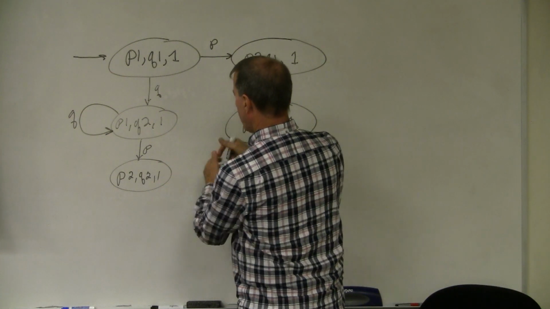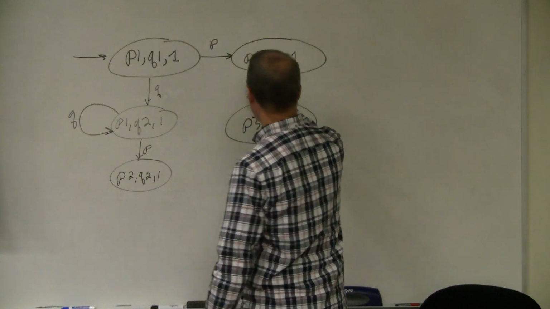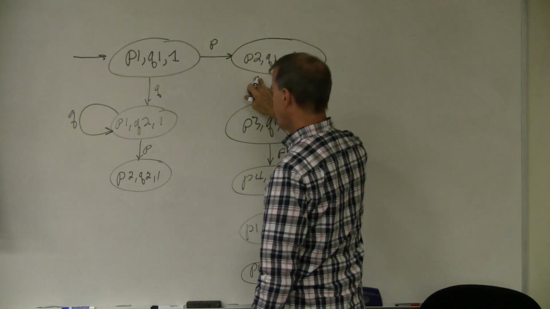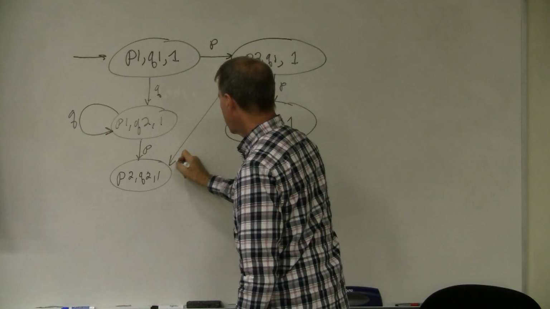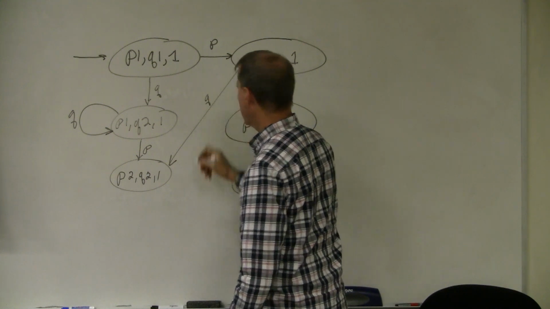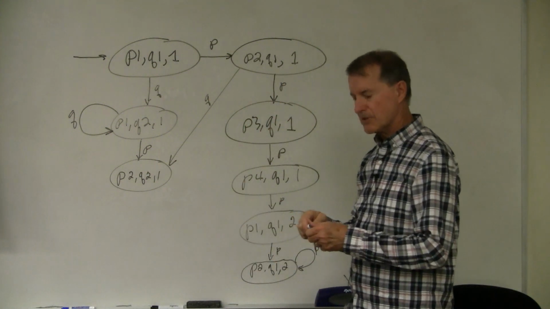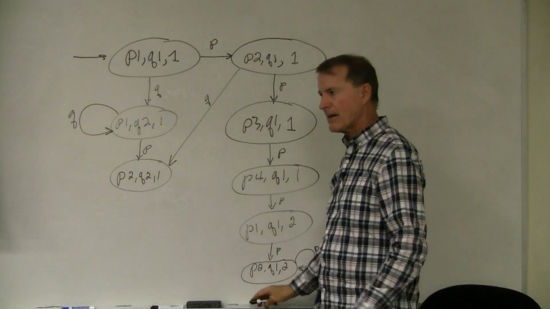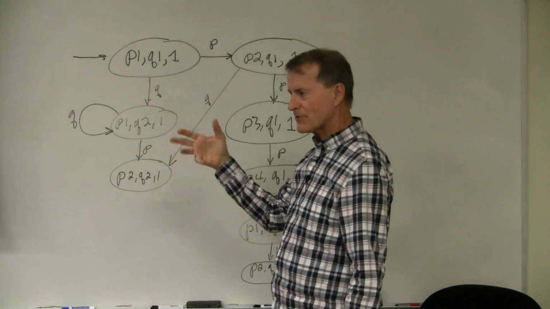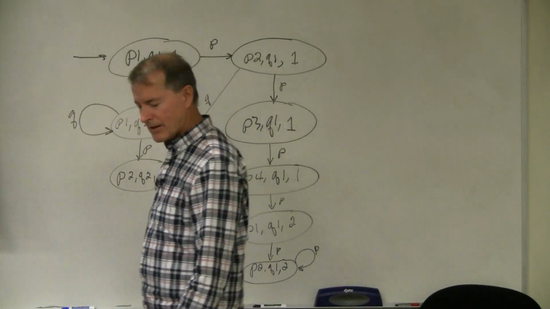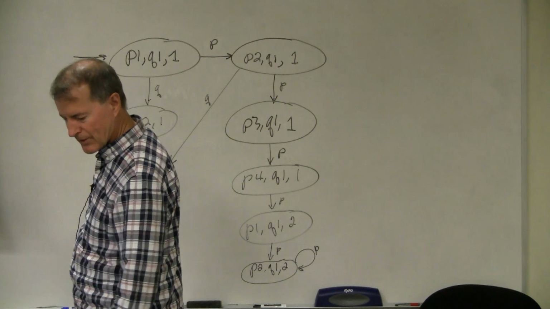Oh yeah, we can go from here. Oh right, if Q executes from here, then that's P2Q21. The geometry is just rearranged a little bit. But anyway, everybody see how to do a state transition diagram? So that's the start of it.